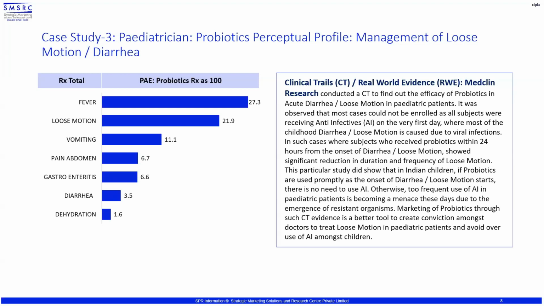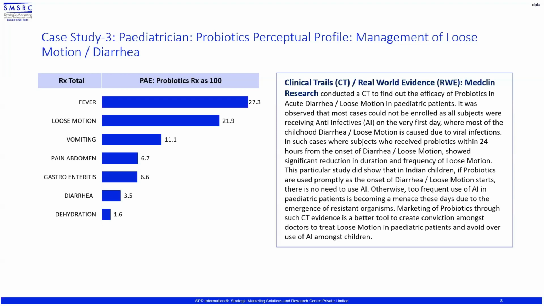There are pediatric seminars being conducted to educate doctors to use fewer antibiotics, and we all know that in India, the usage of antibiotics in pediatric patients is quite large, and even in Bangladesh, I see the same thing from our data.